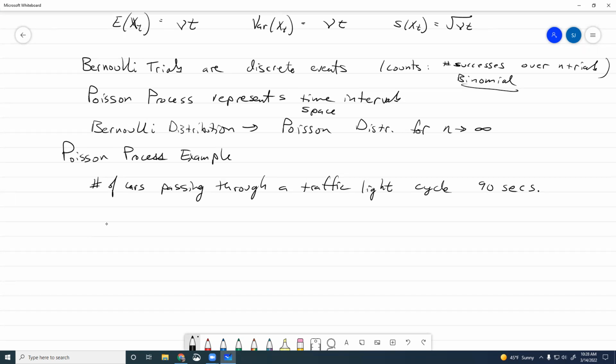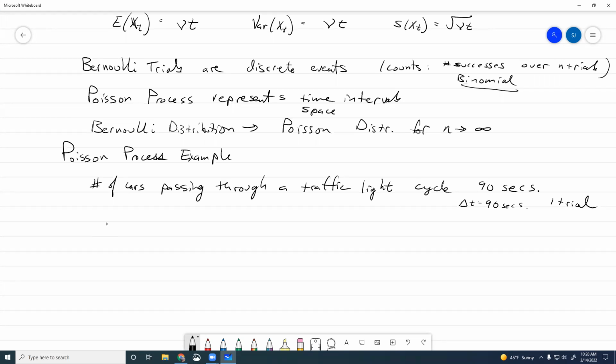And we could think of this from the Bernoulli binomial perspective and say one light cycle, delta t equal to 90 seconds, is one trial, right? That would be our geometric formulation of it.